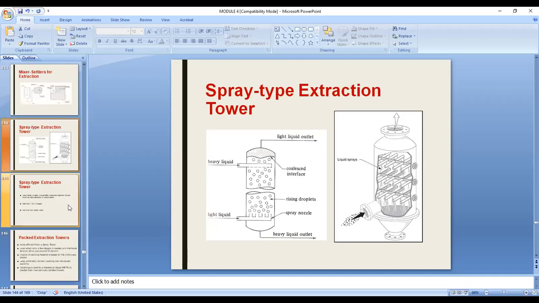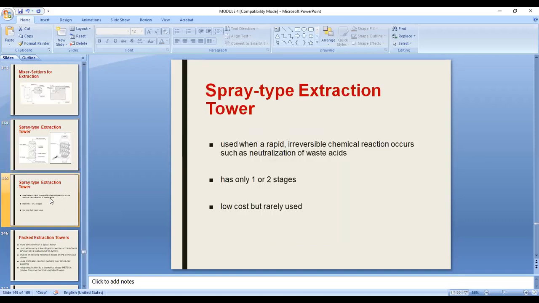It's explained also as well in your textbook, so please read again. So when do we use the spray extraction tower? When rapid, irreversible chemical reaction occurs, such as neutralization of waste acid. Or simply put, if there are irreversible chemical reactions that occur, the spray tower is preferred. It can only have 1 or 2 stages. It's low cost, but take note, it's rarely used, because it's very rare also, class, that in extraction process, there will be a corresponding chemical reaction that is expected.